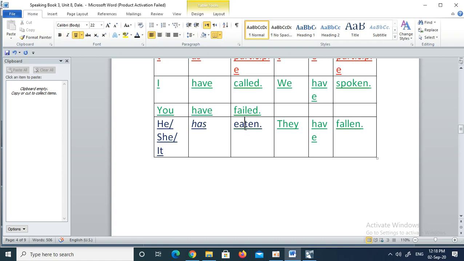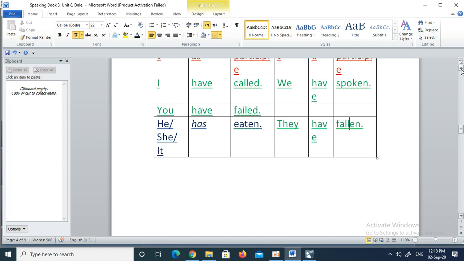So if our main verb is eat, the past participle is eaten. When we come to we, again we say we have as the auxiliary verb. And if our main verb is speak, then our past participle is spoken. We have spoken. If we come to they, again the auxiliary verb is have. And if the main verb is fall, the past participle of fall is fallen.